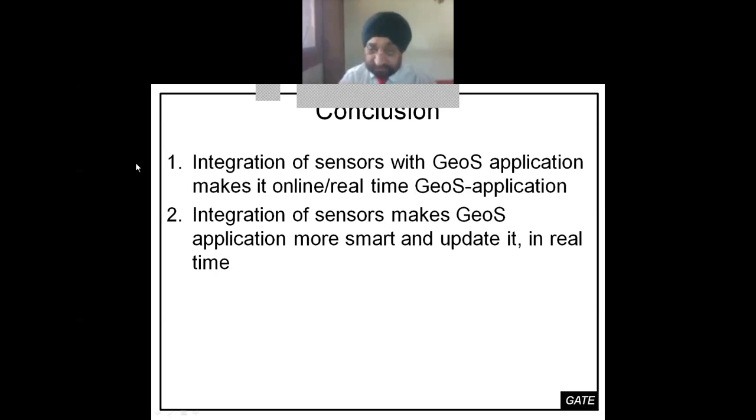So that's the conclusion: we have sensor input, we have the GIS application, we have the smart city problem. If we integrate these three things together, we can really make a real-time geospatial application which gives us the power to manage a city in an efficient way.